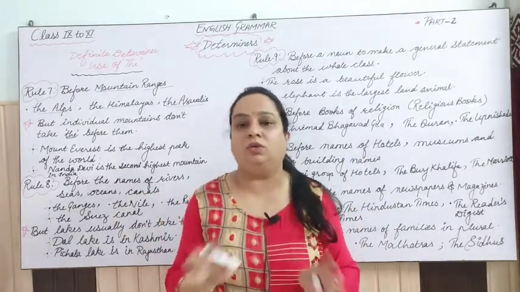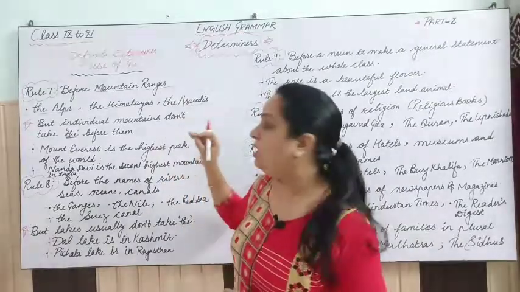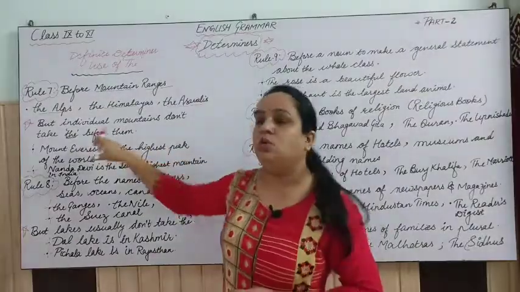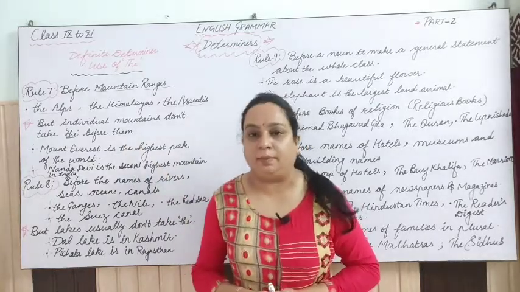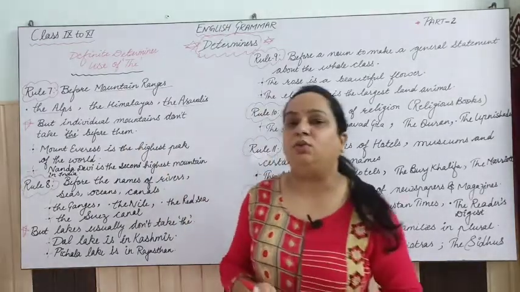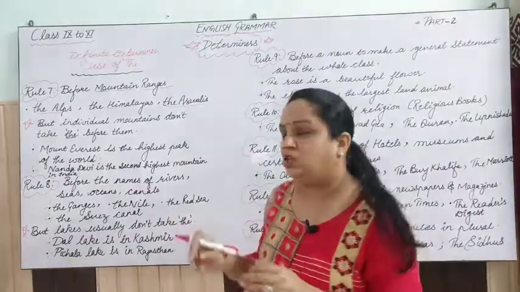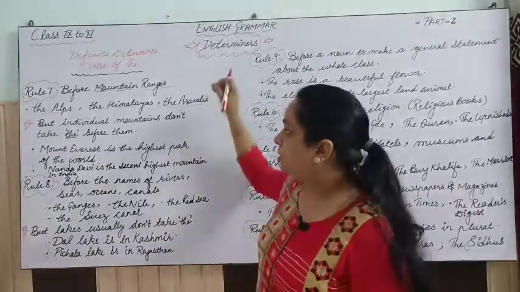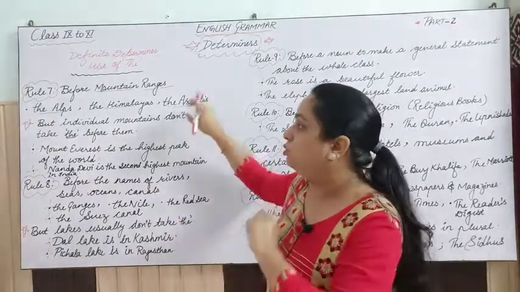These are not individual mountains, because the exception says that individual mountains do not take the before them. So what you have to keep in mind is that whenever we supply a determiner with a mountain range, we have to use the.